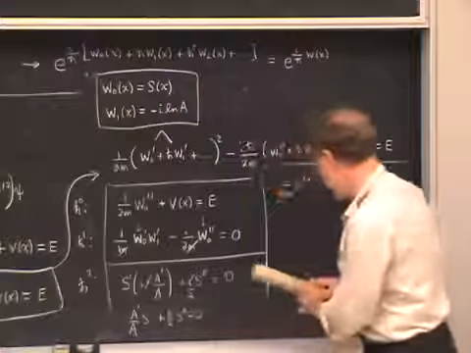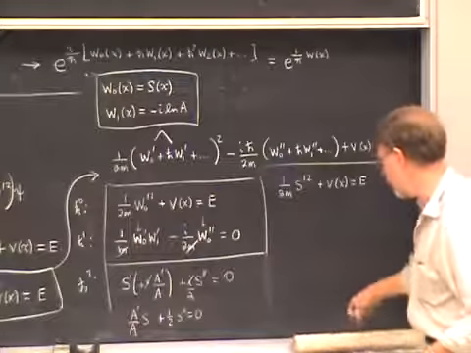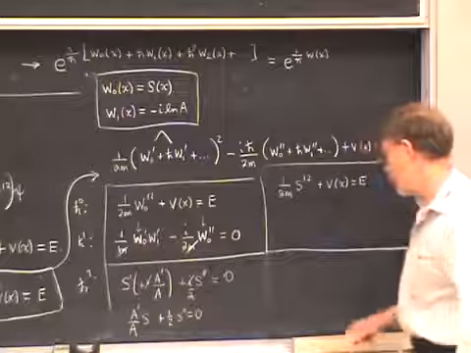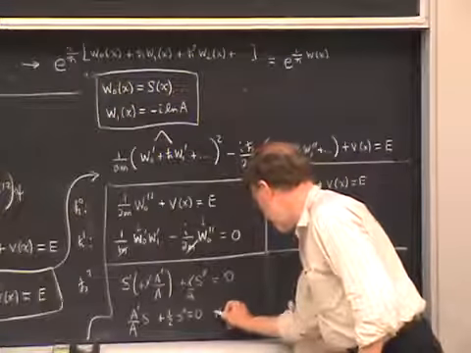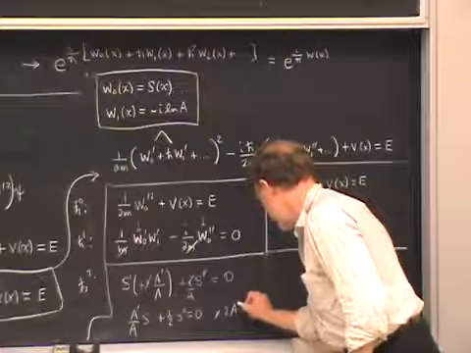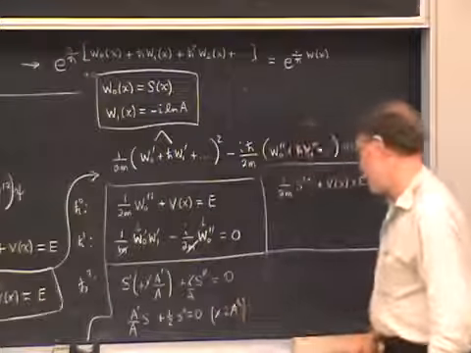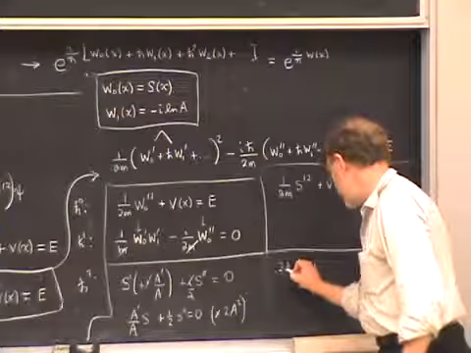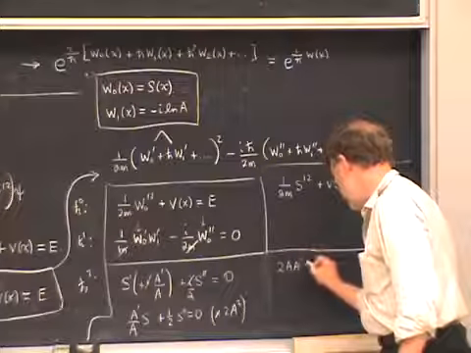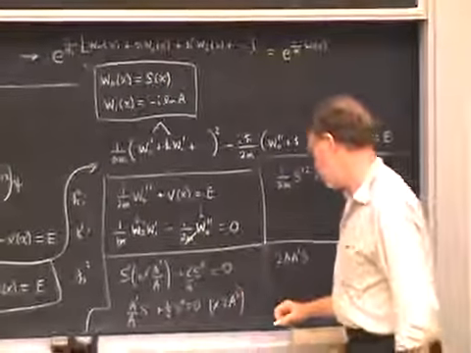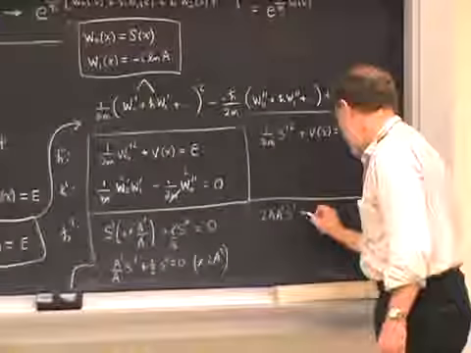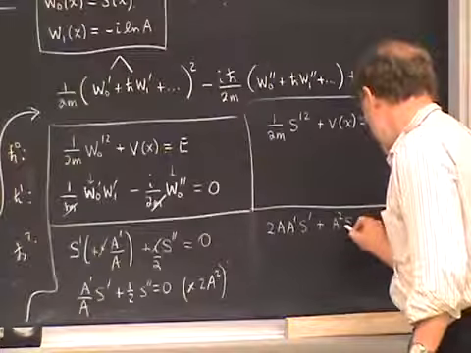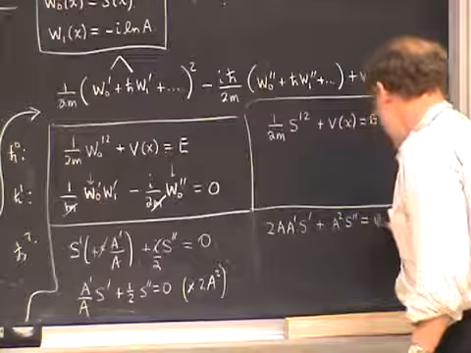And since I'm sort of running out of room, let me carry it on over here. If I take this equation, and multiply it by twice a squared, which cleans it up, then the first term becomes 2a prime times a times s prime. And the second term becomes a squared s double prime equals 0.